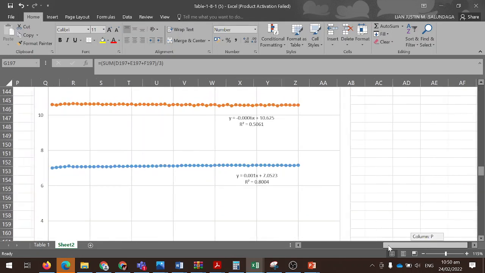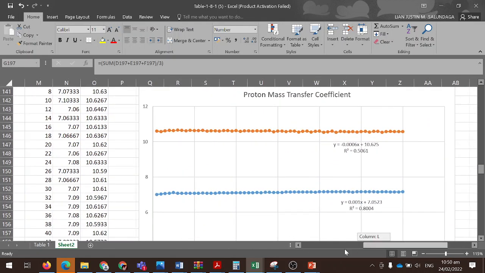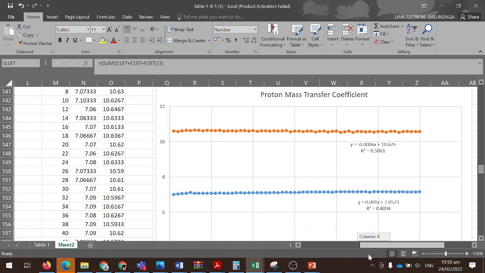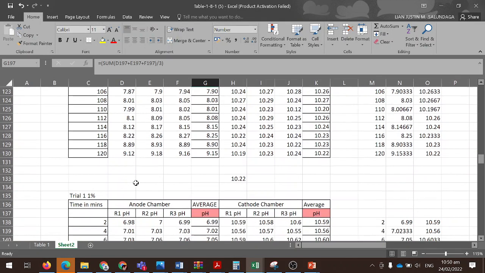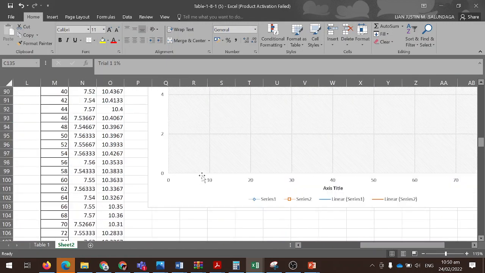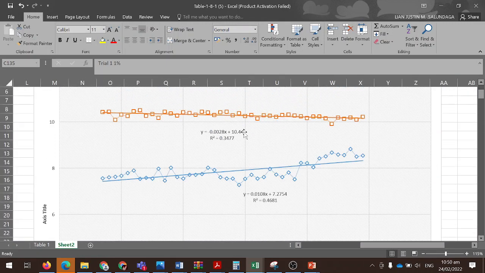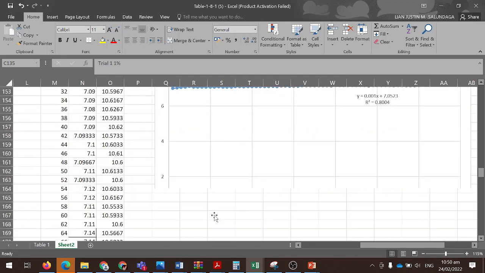Later, we are going to discuss what the difference is between trial 1 and trial 2. The trial 1 with 1% activated carbon, and the trial 2, its trend is more increasing than this one, no?